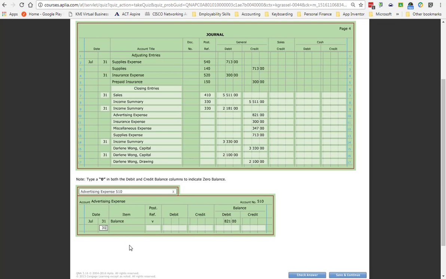Advertising expense with the date of the 31st, post reference of 4, and I am crediting advertising expense $821. It previously had a debit balance of $821, so now it has a 0 balance, and I need to put a 0 balance in both the debit and credit columns and put $510 back up on my ledger.